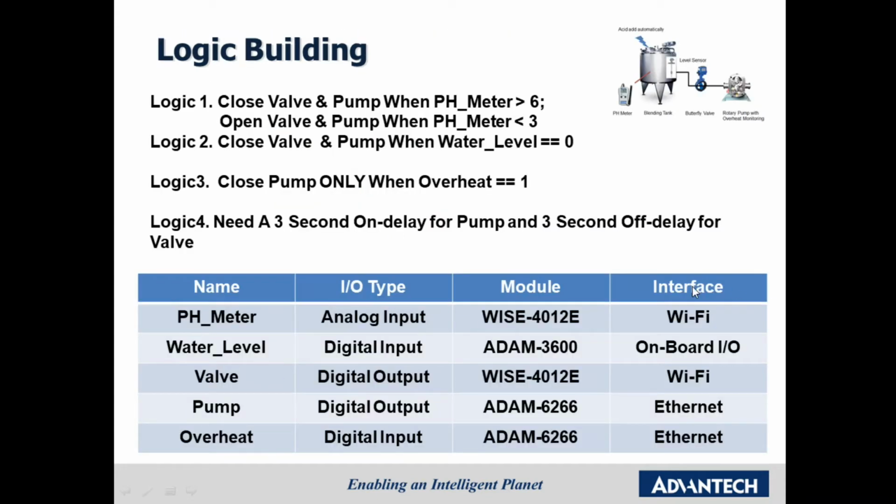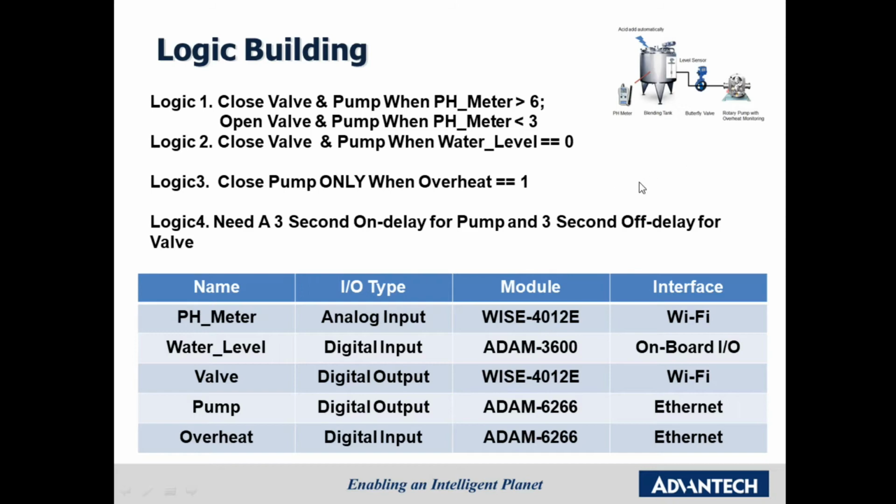So we build the logic as below. We will close the valve and pump when pH meter is over 6, and open the valve and pump when pH meter is smaller than 3. Logic 2 is to close the valve and pump when water level is false. That means the water level is not high enough.